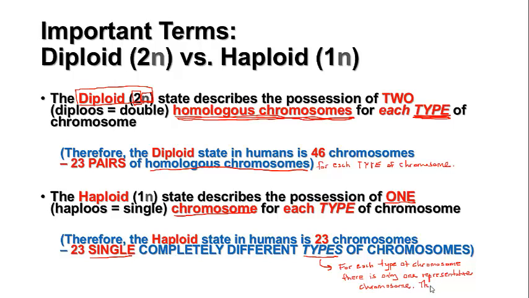Okay? There are no homologous chromosomes within the category of each type of chromosome, all right? So there are no pairs of chromosomes for each type of chromosome, as we find in the diploid state, all right?